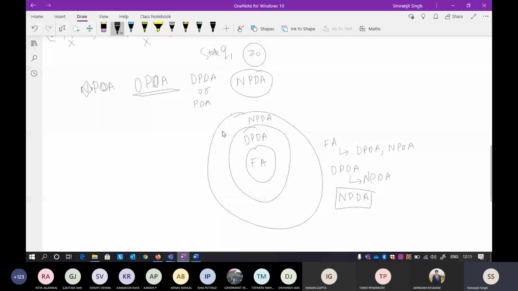The classic example of this is WWR. WWR is accepted by an NPDA, but it is not accepted by a DPDA. In this context, WCWR is accepted by a DPDA and it is also accepted by an NPDA.